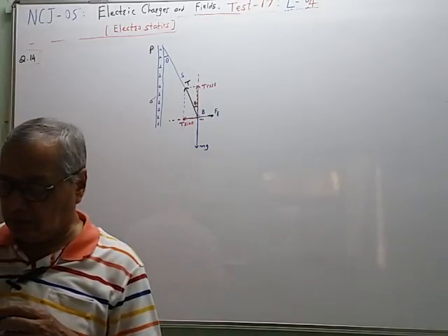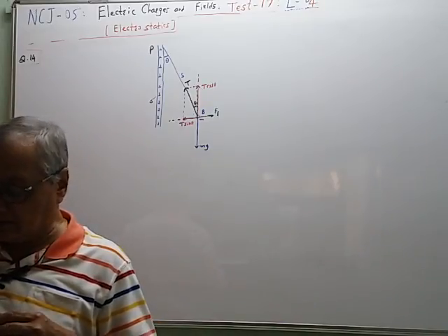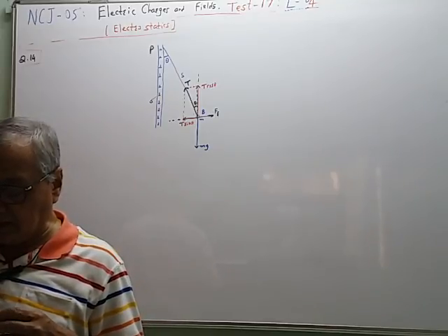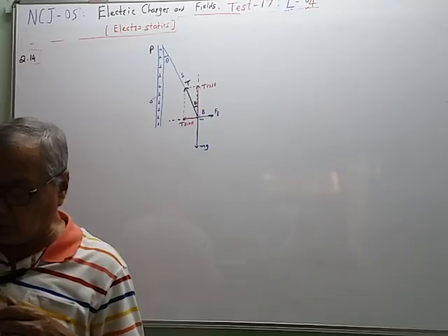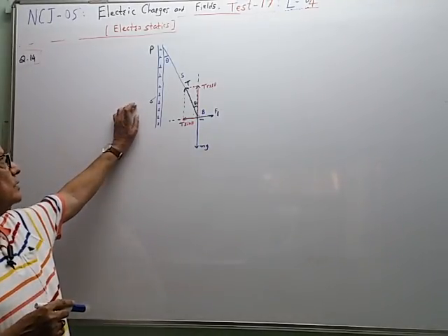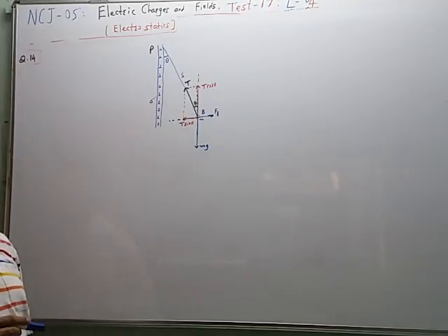So this has surface charge density sigma. So we have to find the relationship between the surface charge density sigma of the sheet and theta. Charge per unit area is called sigma.